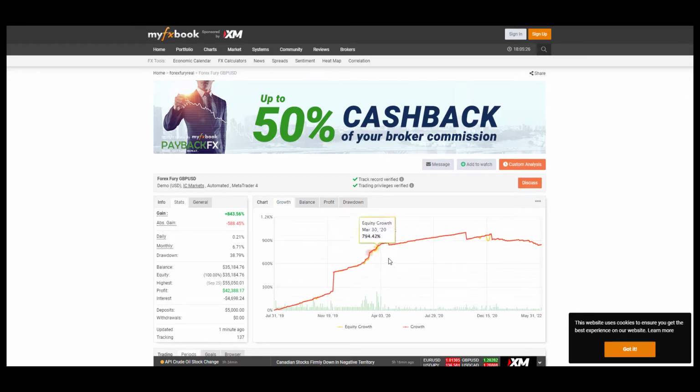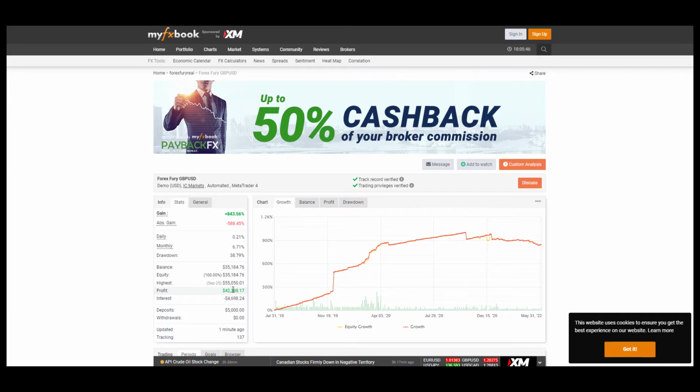But this one started nicely and then sort of gone flat to a bit down, so not so good. But in the longer term, 3 years there, let's say gain of 843%, absolute gain of, well, that doesn't look so good, minus 588%.